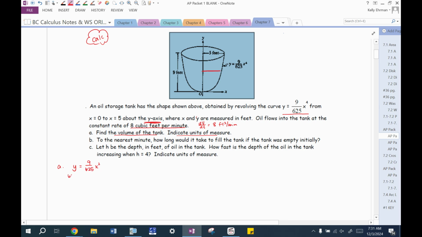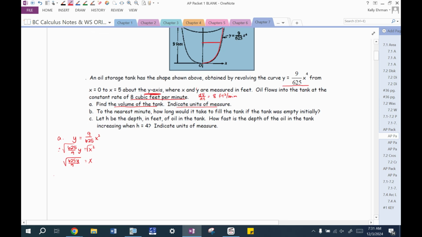So multiply by 625 over 9 times y, and then take the root of that. I'm going to put the y up here so it doesn't look so weird. And technically there's a plus or minus there, but again, the original x values are positive, and you're rotating it around, so those are going to be positive.